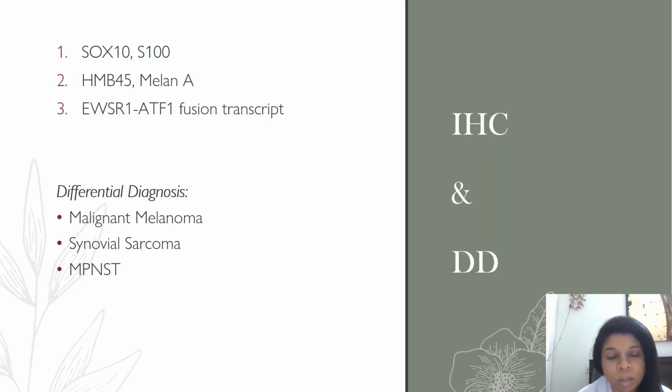So as I said, melanoma markers can be positive, and the distinguishing feature from melanoma is the fusion transcript EWSR1-ATF1. So DDs are malignant melanoma, and some other sarcomas like synovial sarcoma and malignant peripheral nerve sheath tumor as well. In these two, obviously the melanoma markers will be negative.